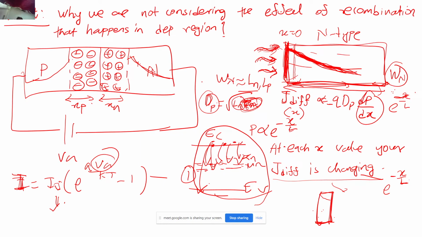So if I make this length very small, comparable to the diffusion length, they will not get enough time to recombine properly. So this exponential that you are seeing, if I make this x comparable to L, this e to the power minus will become very small. So I can even approximate that exponential with a linear decay.